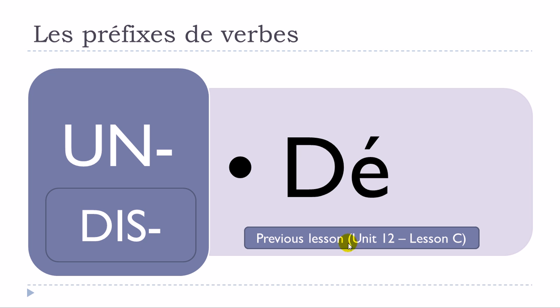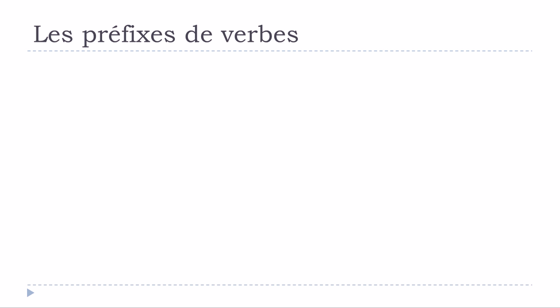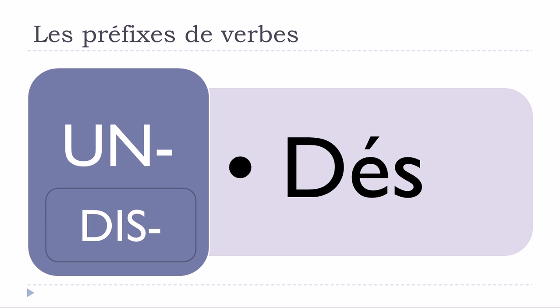Okay, it was in unit 12, lesson C. But then this prefix will be used for the verbs that will start with a consonant. Okay, but then we've also got verbs starting with a vowel, or the mute H plus a vowel, and then in that case we'll have to use D, accent aigu S.